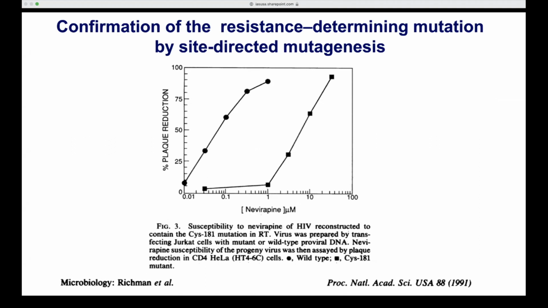When you put it into a wild type virus by molecular means, it conferred the same resistance. So what that does is prove two things. One is that that mutation accounts for the resistance, and secondly, that the target of the drug is in the reverse transcriptase.